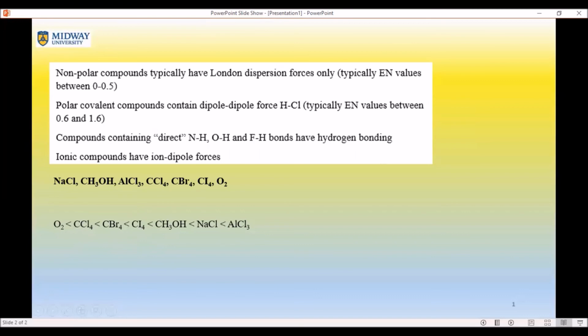But we have three, so how do we sort them? You go to molar mass. CI4 has the highest molar mass of the three, so it will have the highest boiling point, and then CBr4 and CCl4. And O2 is purely nonpolar because its electronegativity difference is 0. So it will have the lowest boiling point, right?